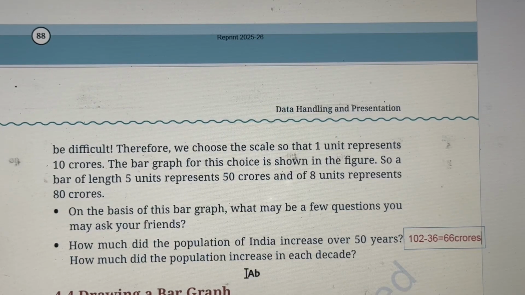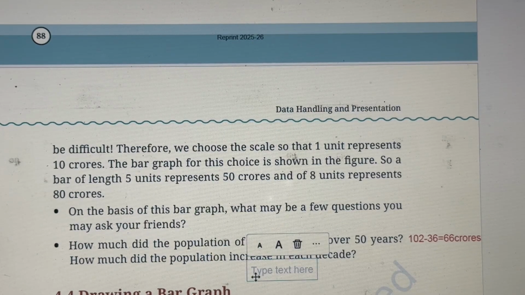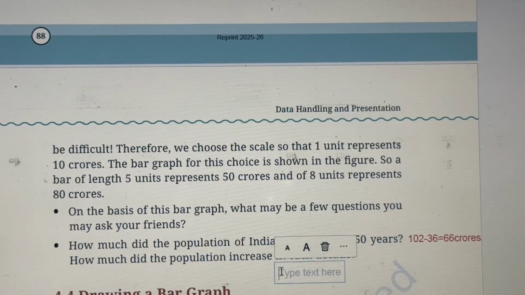Now they have also asked another question. How much did the population increase in each decade? Decade, as I explained to you, means 10 years, right? So if we see the first decade, it grew from 36 to 44. So 44 minus 36, that gives you 8 crores increase.